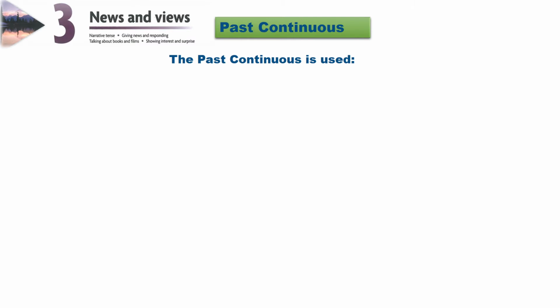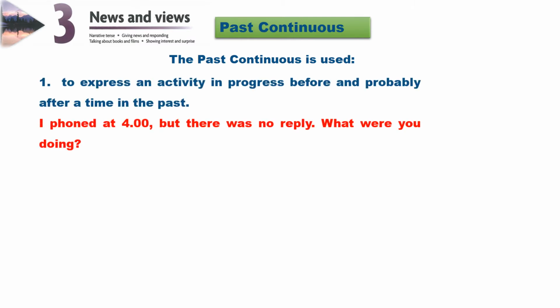Another narrative tense or verb is past continuous. Past continuous means progress, the activity in progress. Past continuous is used to express an activity in progress before and probably after a time in the past. For example, I phoned at 4, but there was no reply. What were you doing?